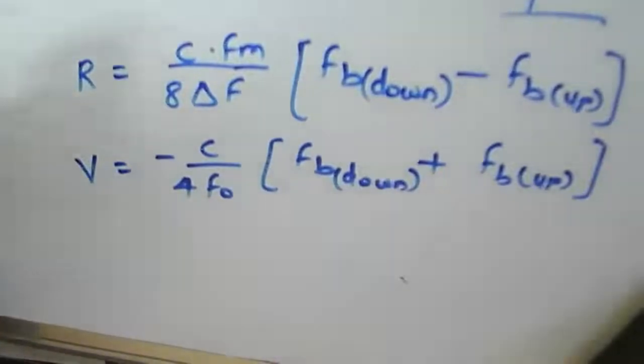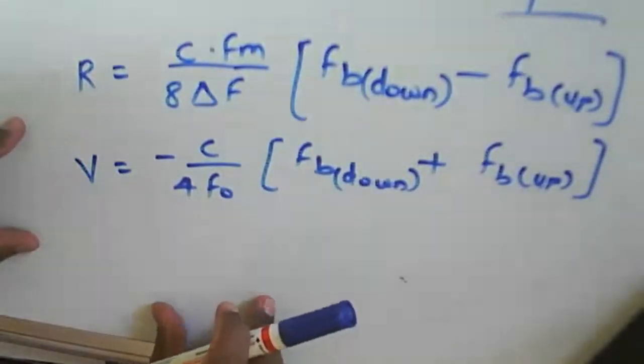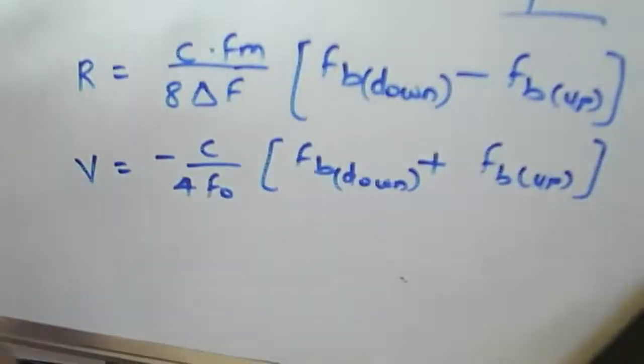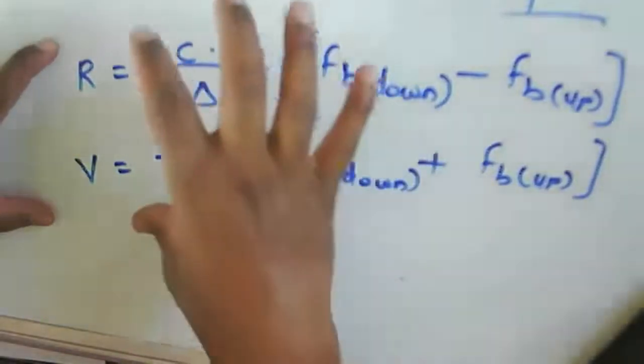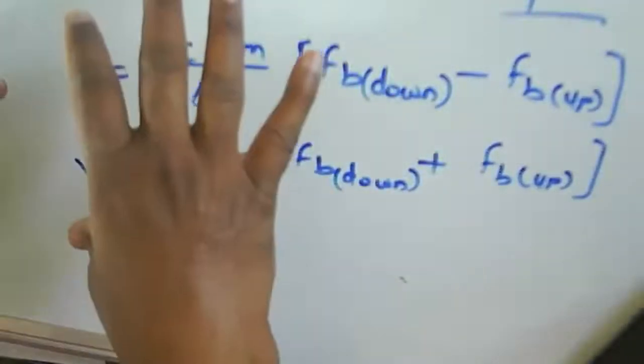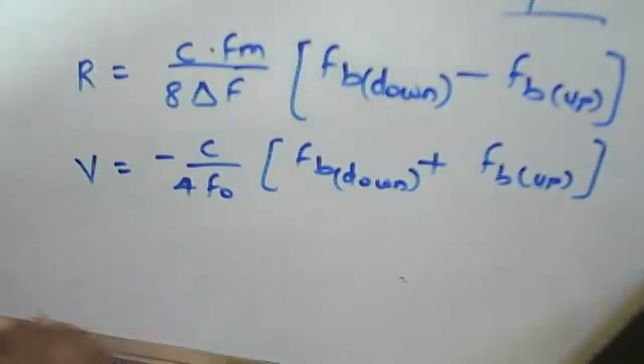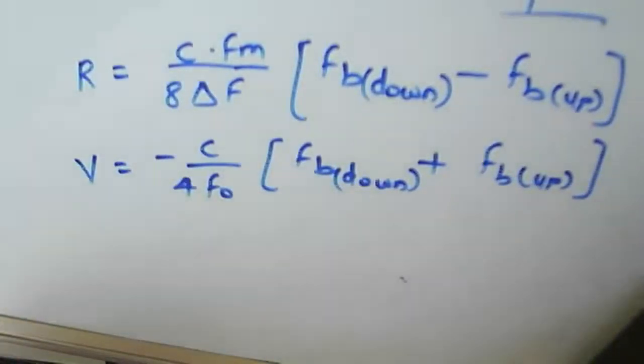Through that we can find out the range R, and we can find out the velocity there. So this one will indicate the measurement, and all these measurements are for the triangular modulation waveform. The waveform will be of a triangular model.